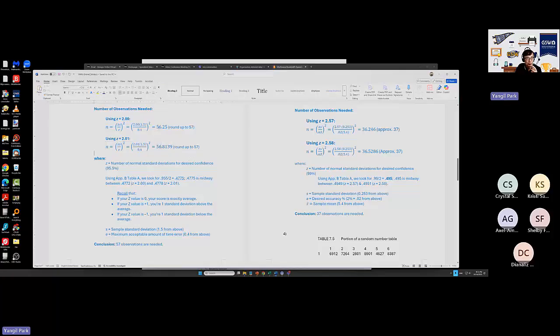So those are the two numbers, 56.25, 56.81. Meaning that we're going to need at least 57 observations for this study to maintain the confidence level of 95.5%. All right, and if you have any questions, let me know.